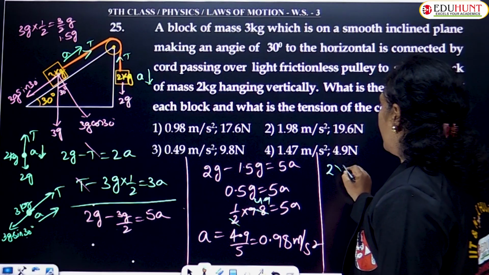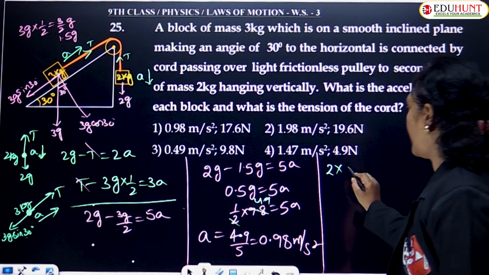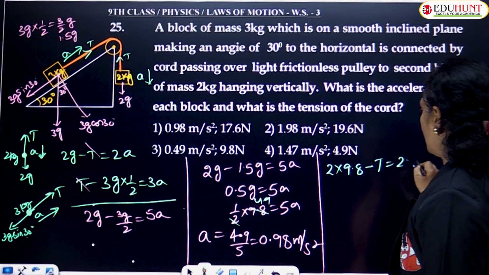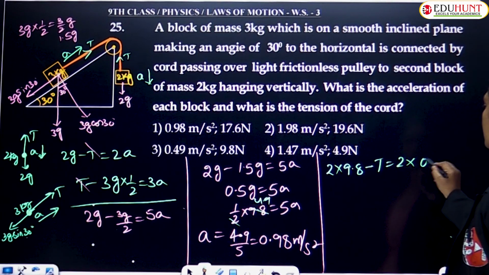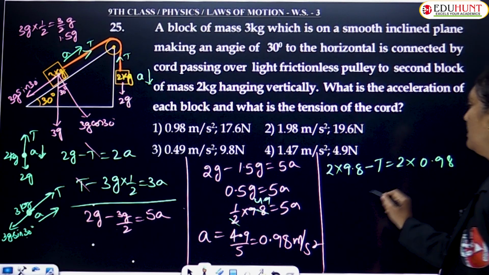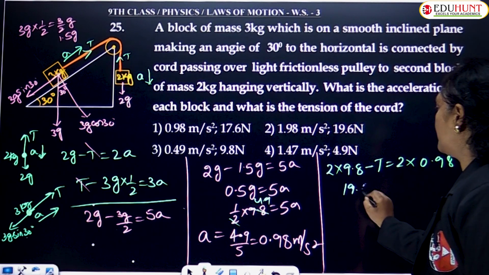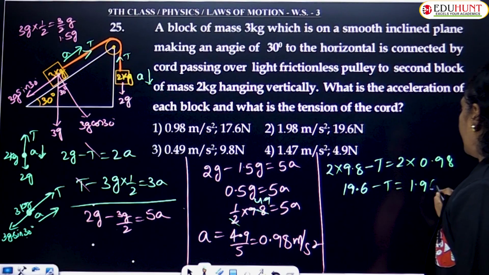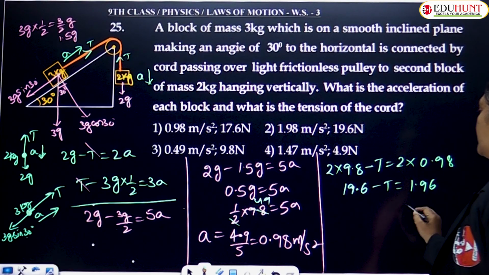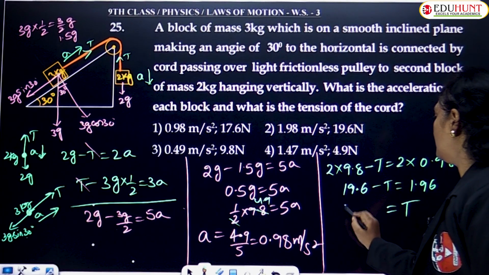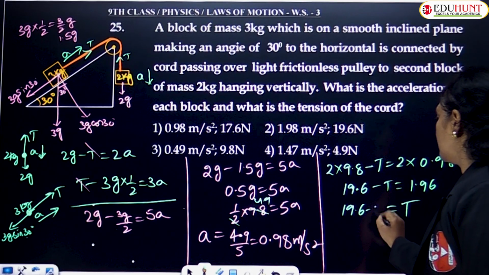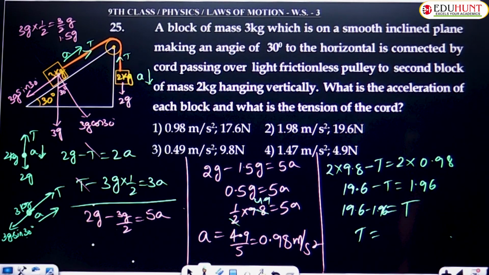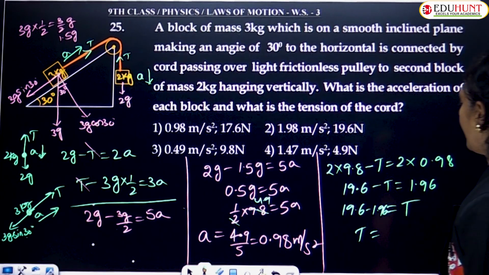We have 2 into g value, let me take it as 9.8, minus T must be equal to 2 into the value of a, 0.98. So 2 into 9.8 is 19.6 minus T must be equal to 1.96. Bringing the minus T to the other side, T must be equal to 19.6 minus 1.96. What is the value of 19.6 minus 1.96, children?